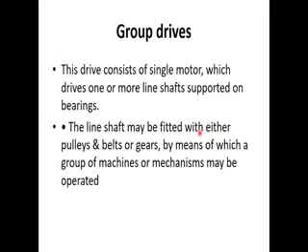A group drive consists of a single motor which drives one or more electric machines through shaft, belt or pulley. That's why this drive is known as a shaft drive. So n number of machines is driven by a single motor, that is group drive.